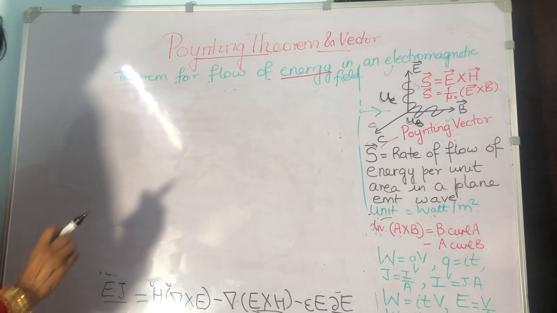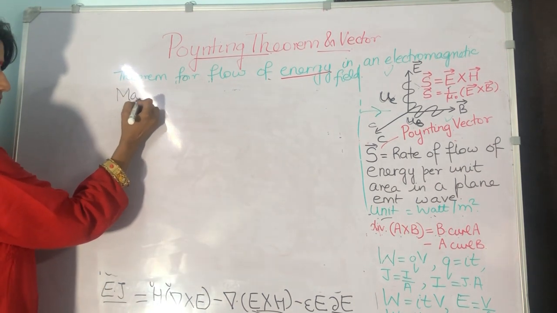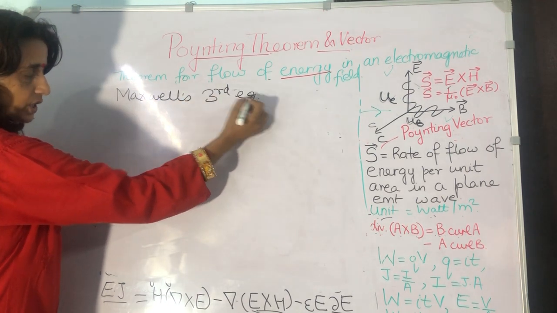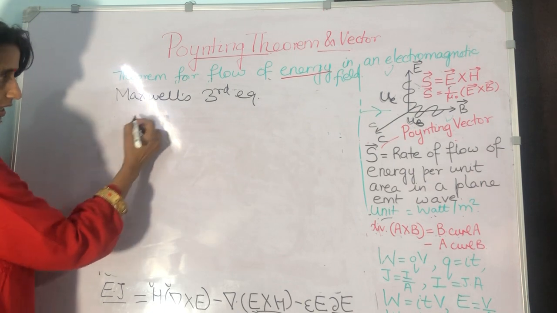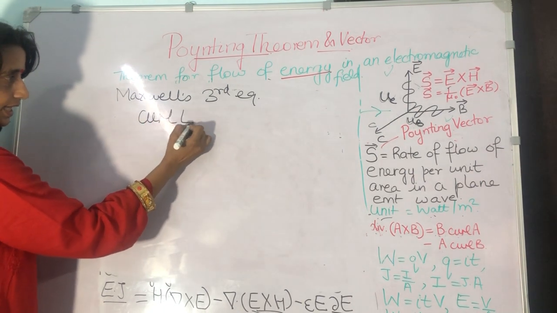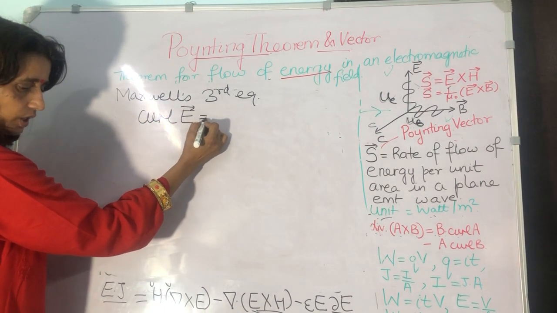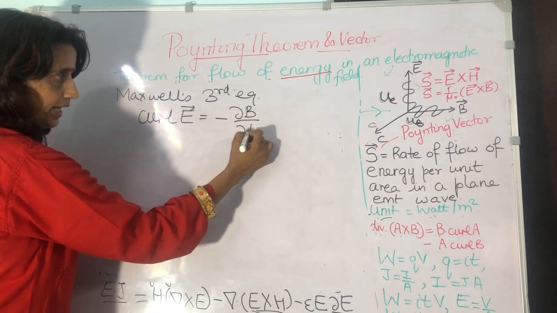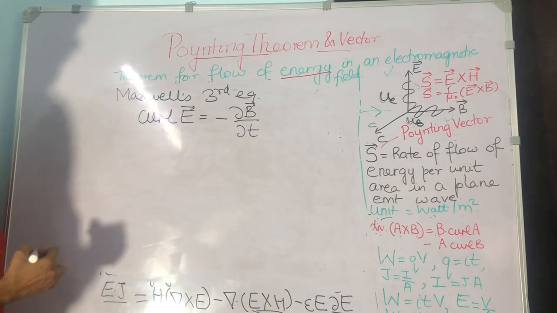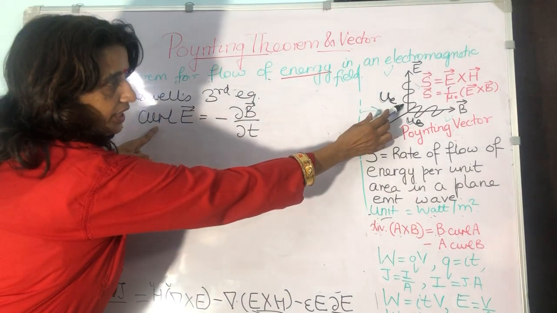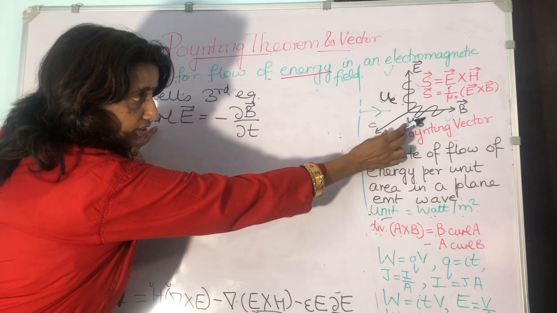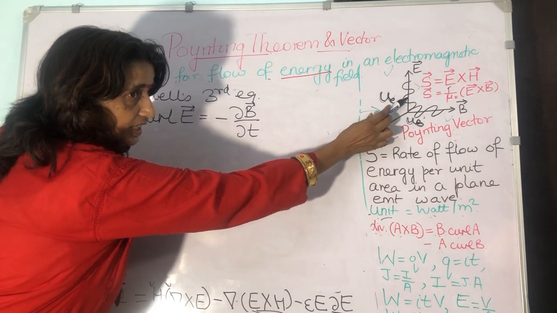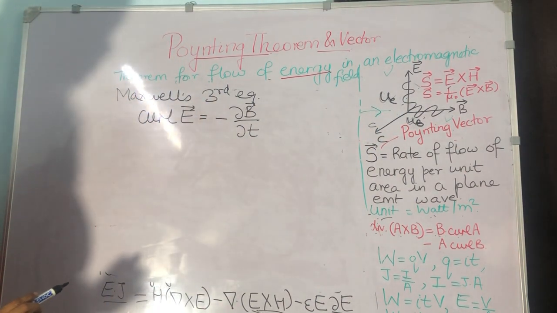So, we will use Maxwell's third equation. Maxwell's third equation is curl E is equal to minus del B by del T. A changing magnetic field with time gives rise to an electric field.